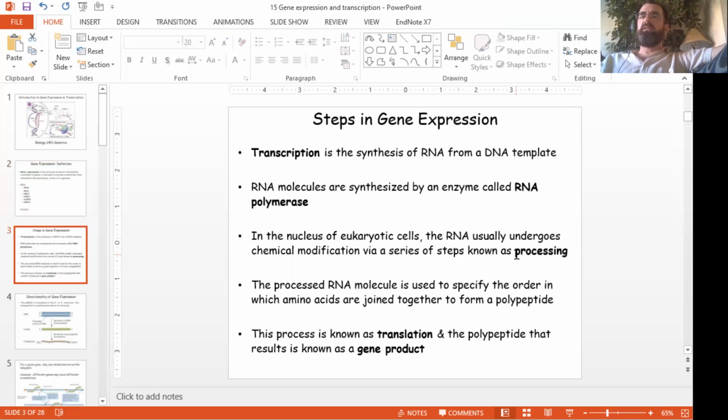Expanding on this a little bit, talking about the steps in gene expression: transcription, which is carried out by RNA polymerase. It's the same as DNA polymerase, but for RNA. In fact, primase, which we've come across before, is an example of an RNA polymerase. It's just a real short distance one.